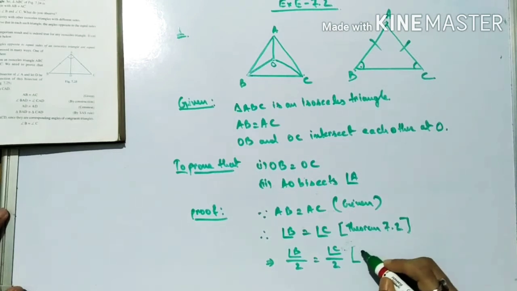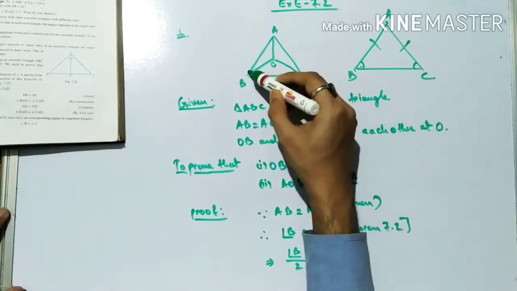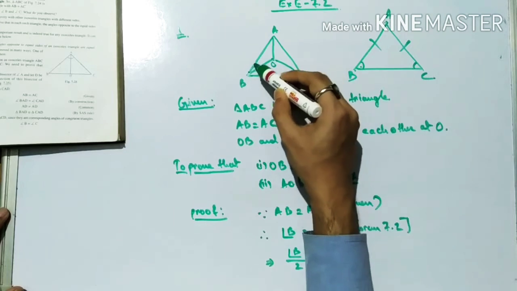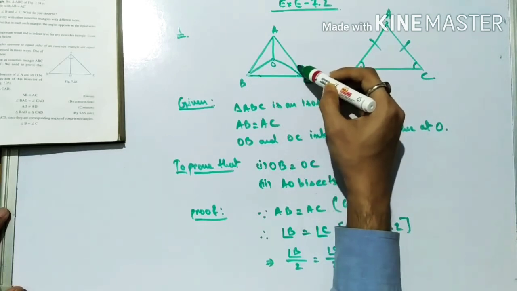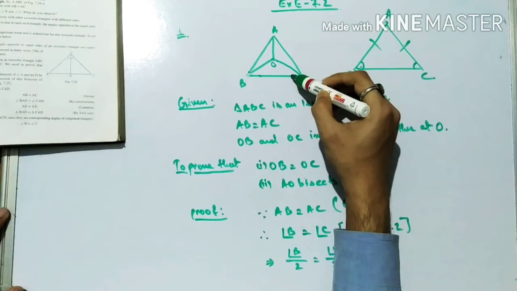In the bracket I can write that OB is the bisector of angle B. Yes or no? OB is the bisector of angle B and OC is the bisector of angle C. Understand?